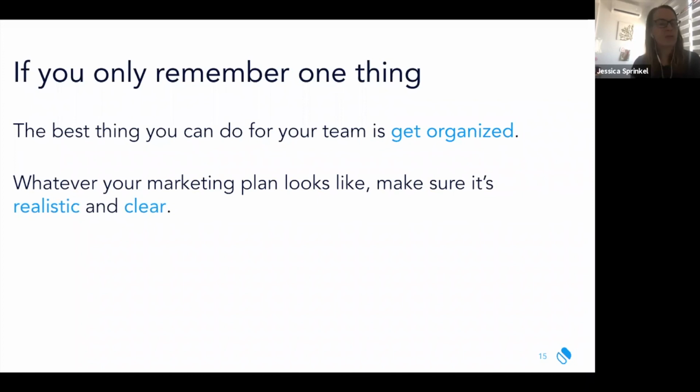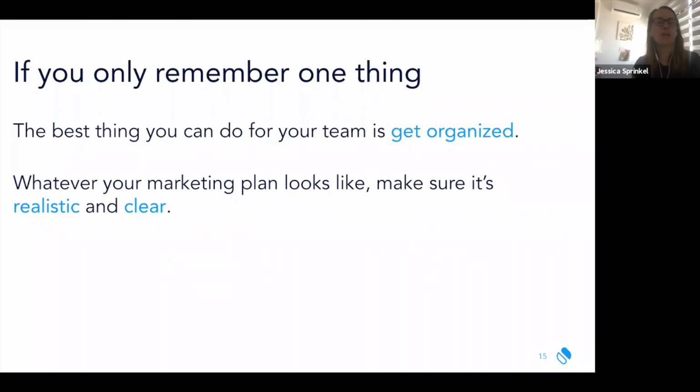Whatever your marketing plan looks like, whether it's a spreadsheet like this, a PowerPoint, or just a sheet of paper with a bunch of ideas, we want to make sure that it's realistic and clear. Realistic, meaning we're being empathetic to what is actually going on in the market and it's based in the reality of right now.